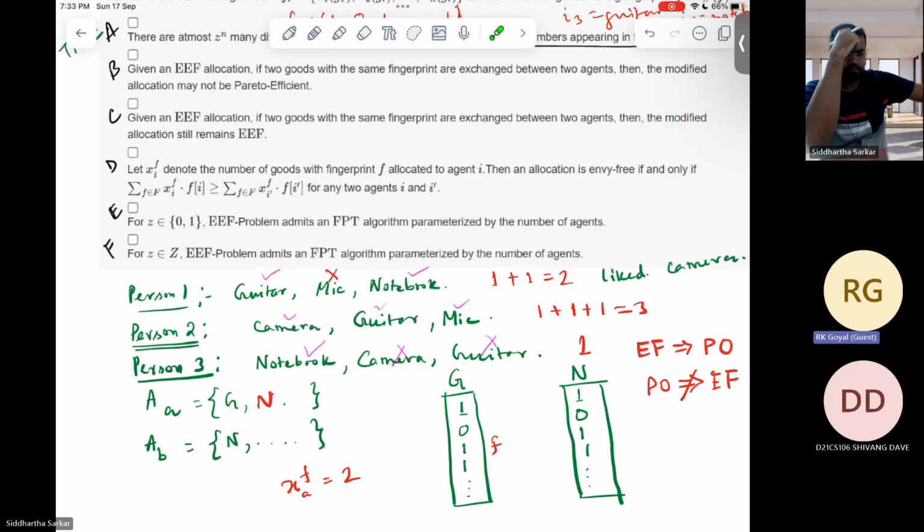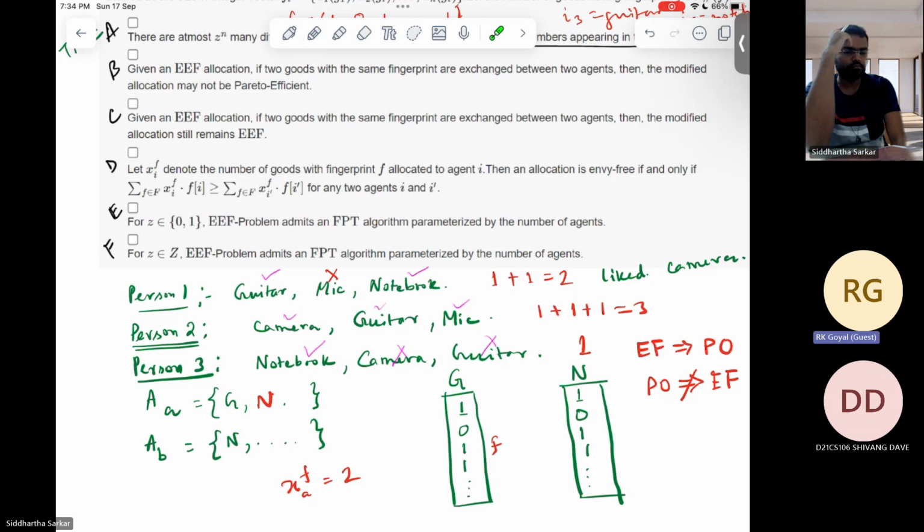Fingerprint of the agent i, and X_i^F is the number of the goods with the fingerprint F given to agent i. So the left hand side is related to the agent i, and the right hand side of the inequality is for the agent i'.